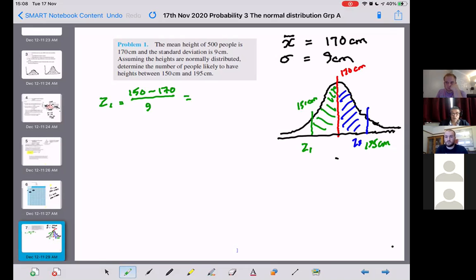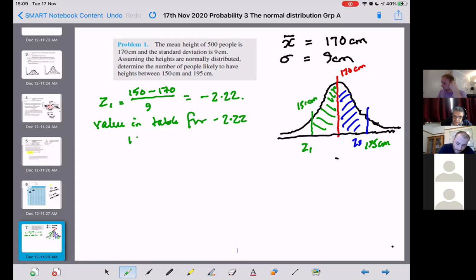Minus 2.22. The value in the table for minus 2.22 is, so we go back to our table.